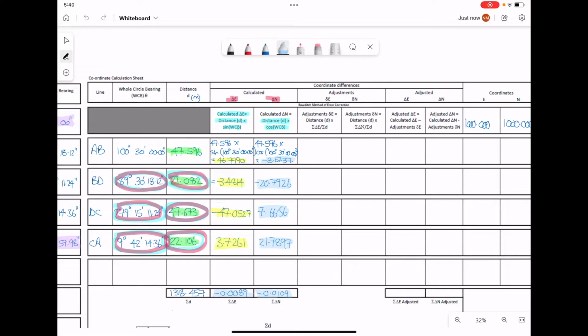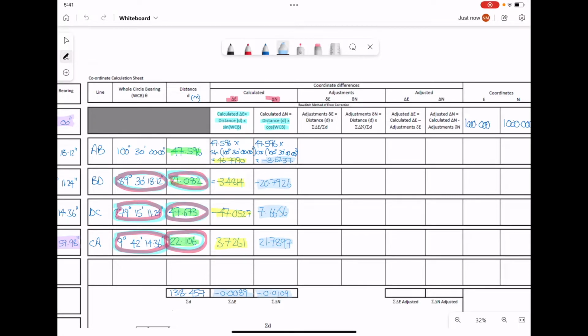This represents a slight error in our measurements and calculations. What we're going to do now is to apply the Bowditch method of correction, such that whenever we add up the partial coordinates, the partial E's, the partial N's, they mathematically should add up to give us 0. So therefore there is no closing error.